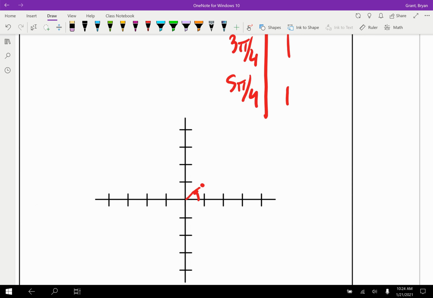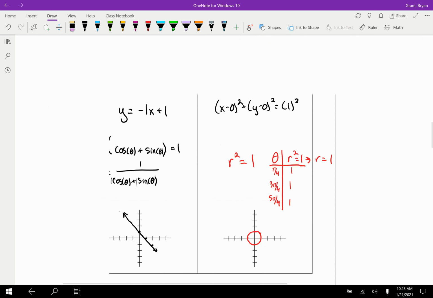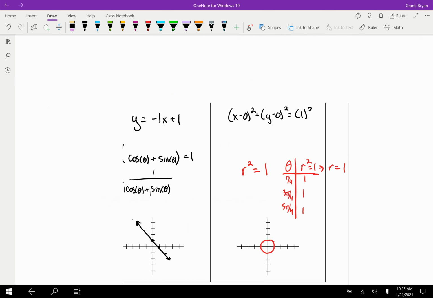Rotate somewhere, let's actually even be bold and rotate to pi over 2 this time, that's right here, and then go out a distance of 1. Rotate out a distance of 1, out a distance of 1, so on and so forth. You get the idea, and we have our brilliant circle centered at 0, 0.